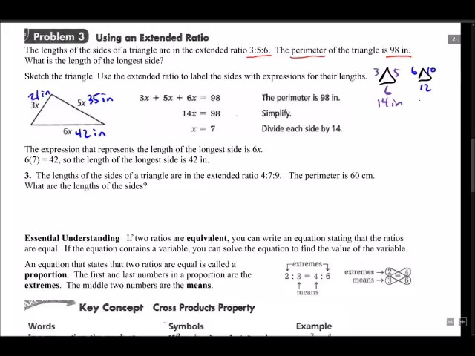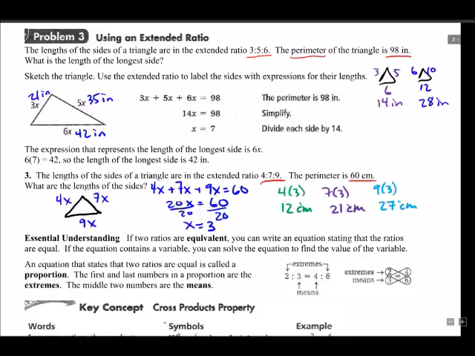This one would have a perimeter of 28 inches. All of these triangles have a 3 to 5 to 6 ratio, but only this one has a perimeter of 98 inches. So once again, looks like it's your turn. Pause the video, do the next problem.